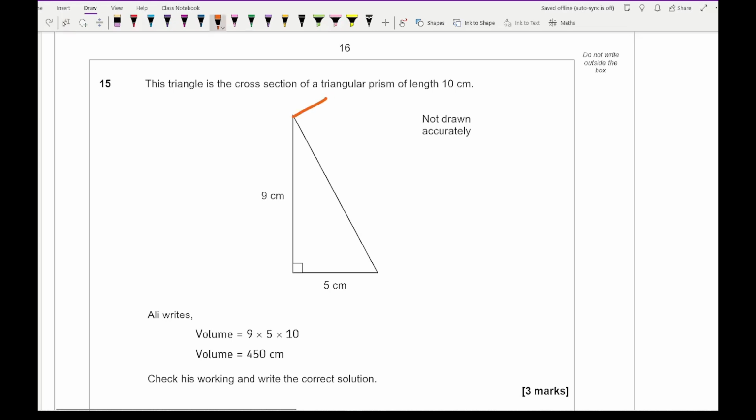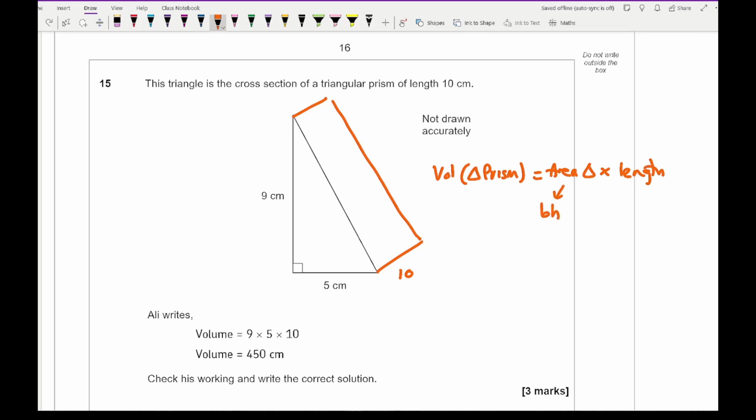Well, for this, if I just turn this into a triangular prism, it says that the length is 10. Now, the volume of a triangular prism is the cross-sectional area, which is the triangle, multiplied by the length. To work out the area of a triangle, that's base times height divided by 2, multiplied by L. So substituting those numbers, this is my H, this is my B, this is my L. I get 9 times 5 divided by 2 multiplied by 10.